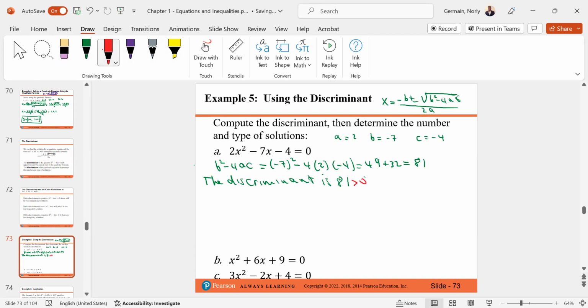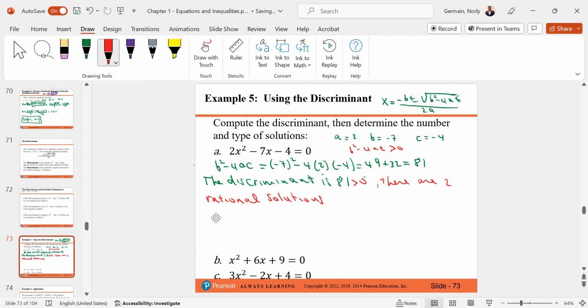Here you see b squared minus 4ac is greater than 0. So there are two rational solutions. That's an example: because the discriminant is positive, we have two rational solutions.